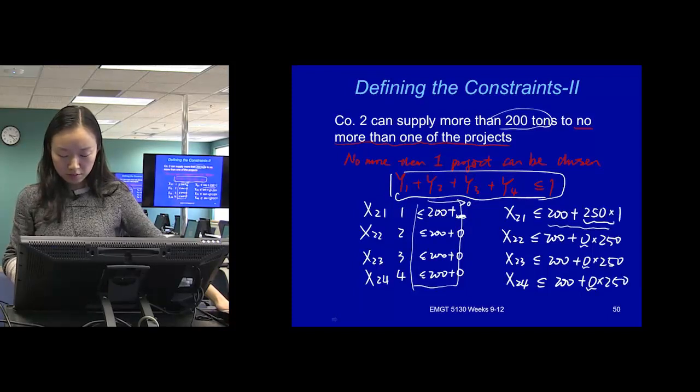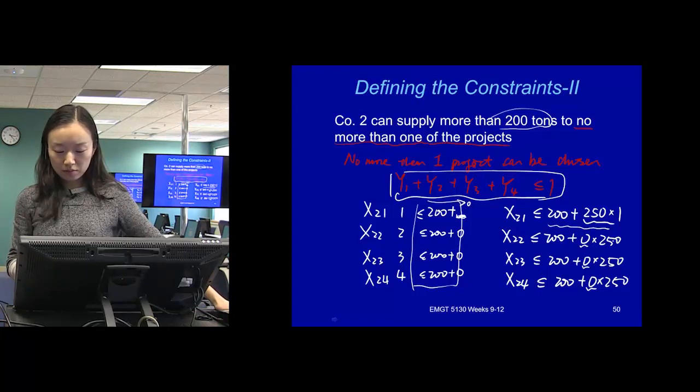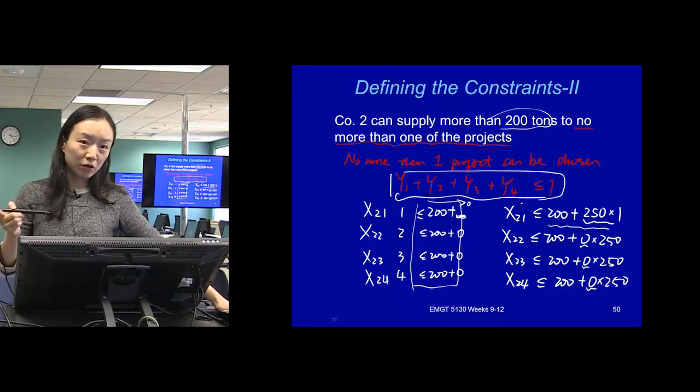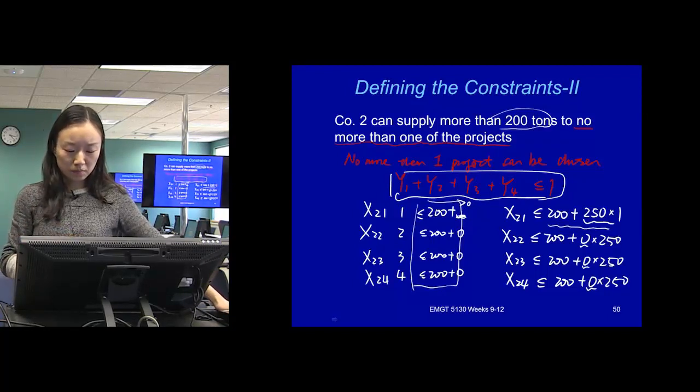And this is 250 times 1. Can we do it this way? So for all of those that are less than or equal to 200, we just say it's 200 plus 0 times this value here. And for x21, which is above that 200, the one project we choose to receive more than 200, it is 200 plus 250 times 1 here.